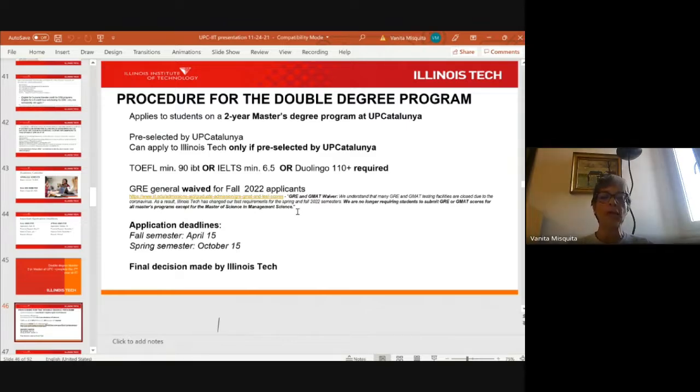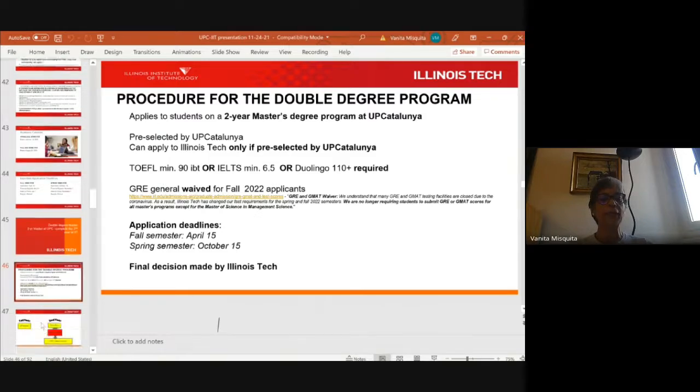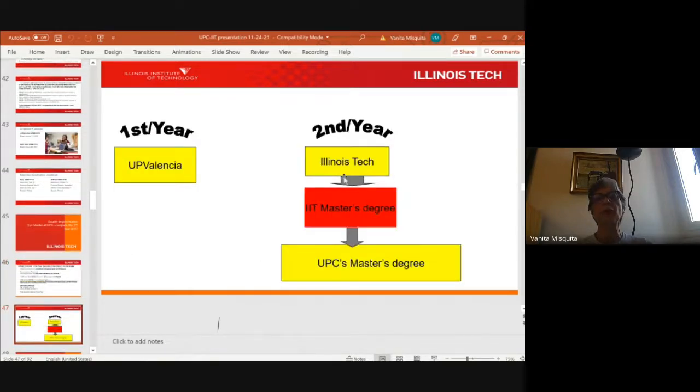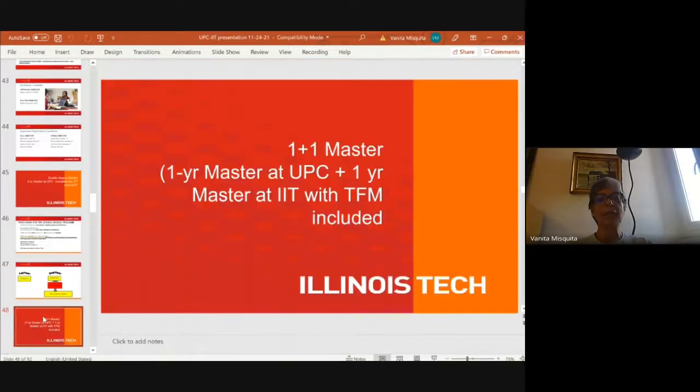But for all other master degree programs, the GRE will be waived if you want to pursue a master's degree next August 2022 at Illinois Tech. Illinois Tech will make the final decision. Here's a graphic of how it works. If you're on a 2-year master's, first year at UPC in Catalonia, and then the second year at Illinois Tech.